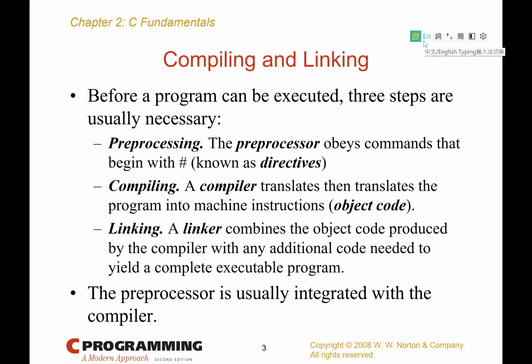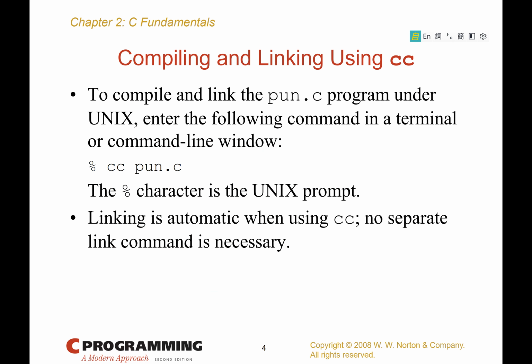Normally the preprocessor is integrated into the compiler, so you may not see the result from the preprocessor, which I think is all right for most people. Now, this is the Unix way of compiling the program.